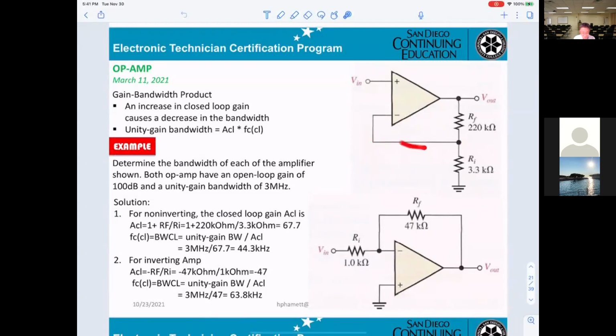Even though there's no resistor there? Yeah, no resistor here, but it's still a feedback. They connect from the output to the input. That's the feedback. Okay. All right.